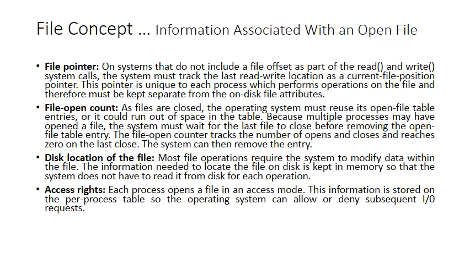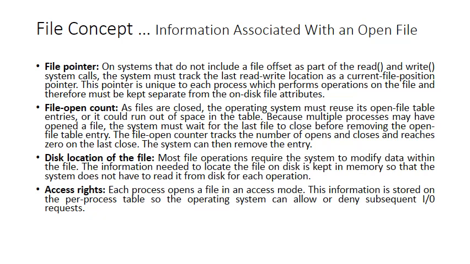Next is the disk location of the file. Most file operations require the system to modify data within the file. The information needed to locate the file on disk is kept in memory so that the system does not have to read it from disk for each operation. When we say memory, here we mean the primary memory.